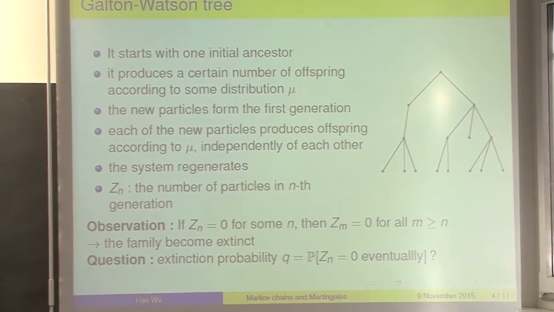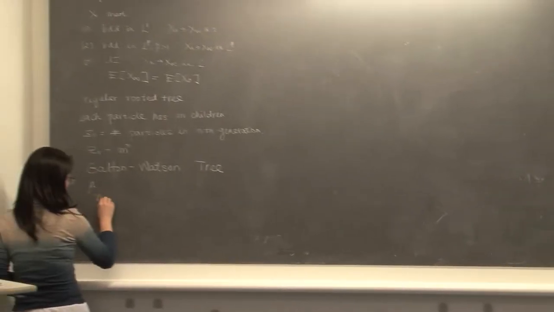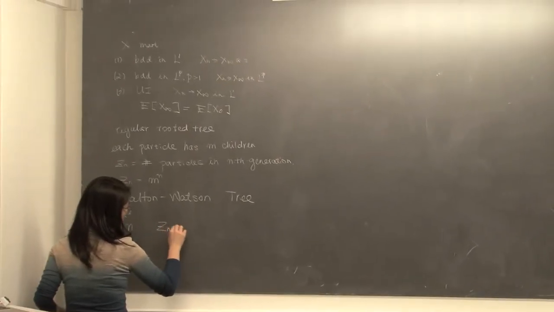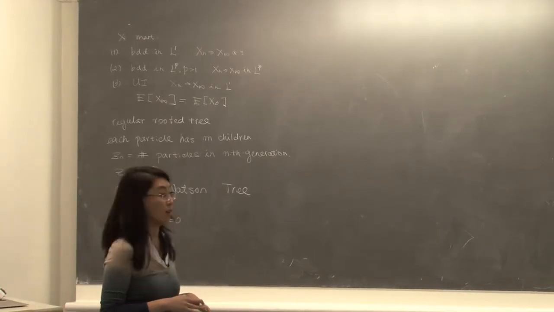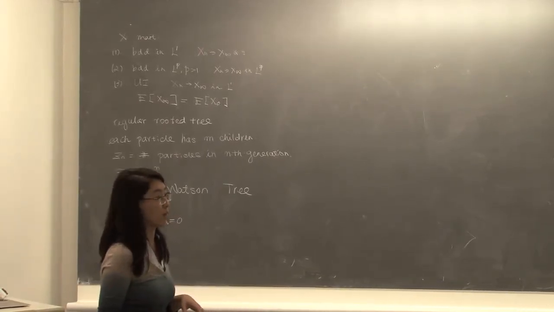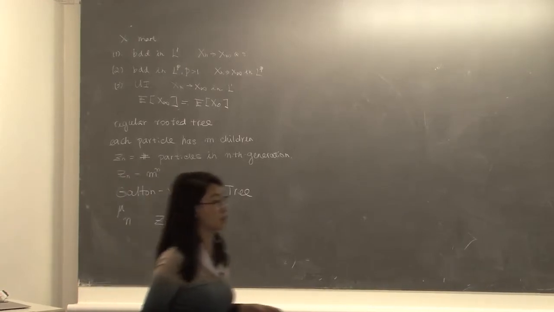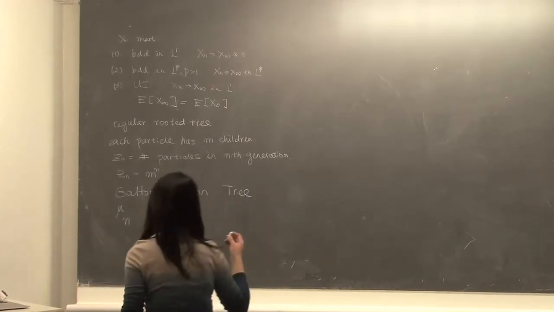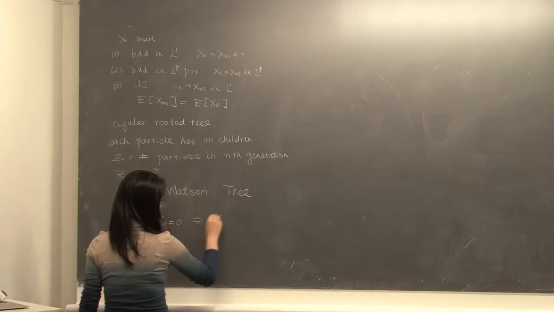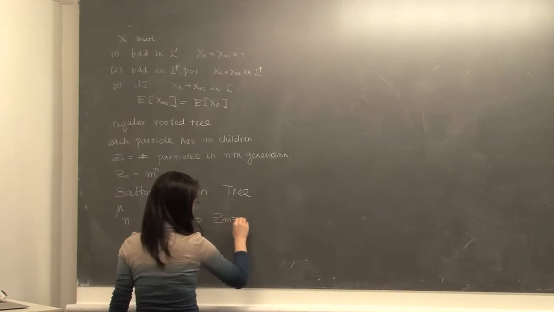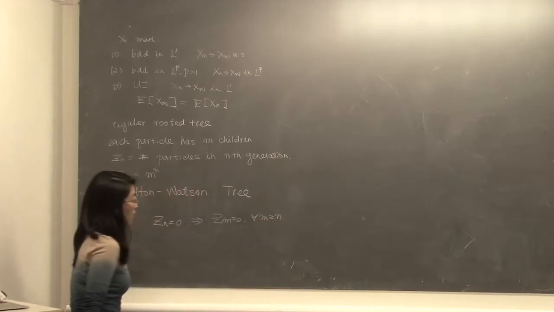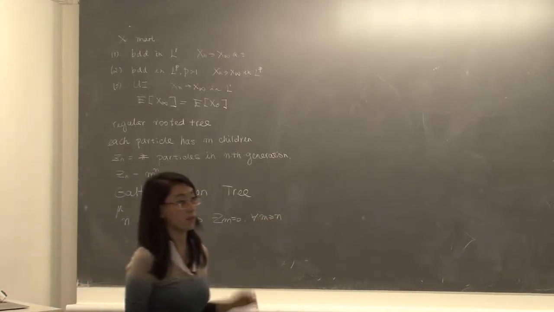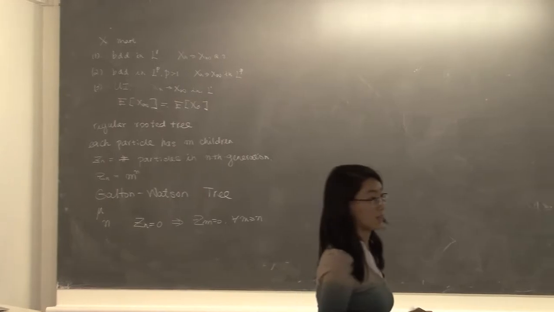We observe that if for some generation n there is no particle at all in this generation, then there is no hope to have future generations. So once Zn equals 0, then for m greater than n, the number is always 0. In this case, we say that this tree dies out.